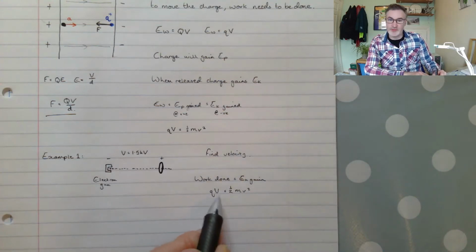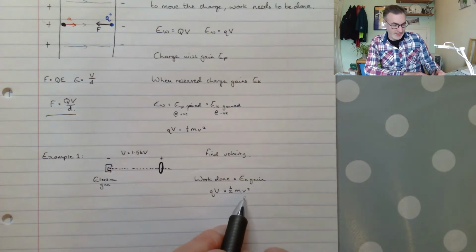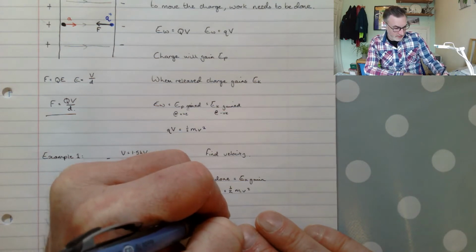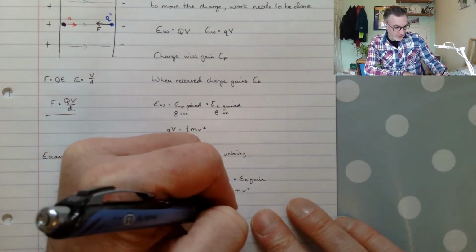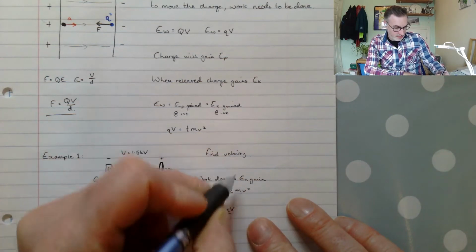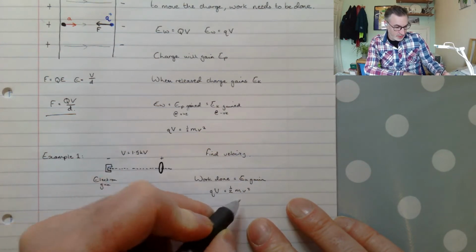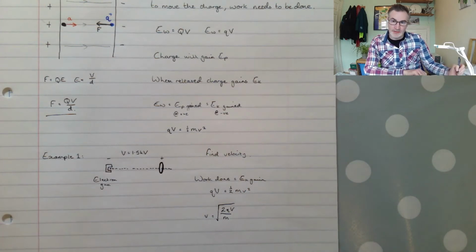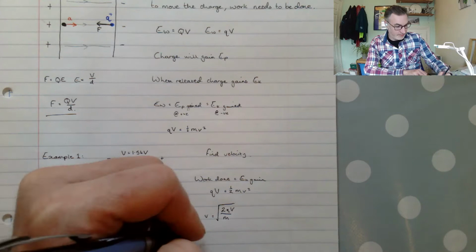Do not confuse the v and the V. This is voltage here. This would be the velocity of the electron, so this is actually what we're trying to calculate. If we rearrange for v, then v is equal to the square root of 2QV over m, because the half comes over here and becomes a 2.